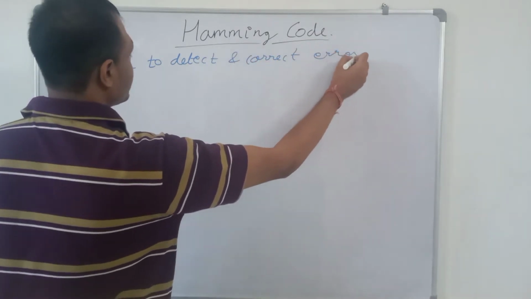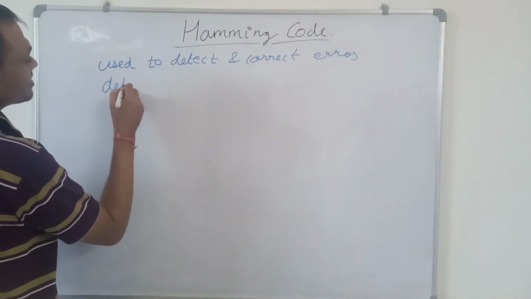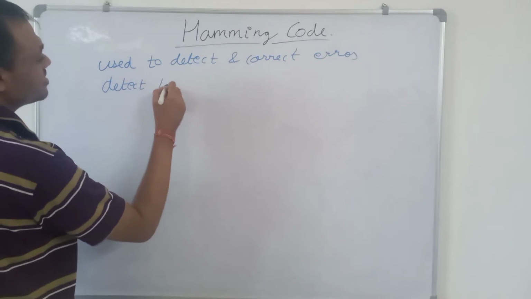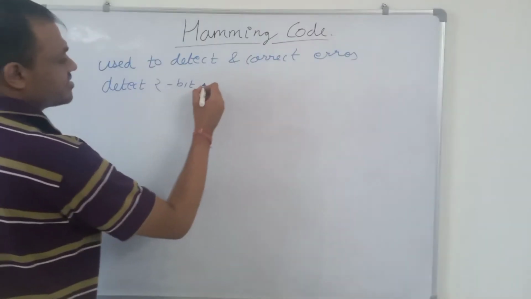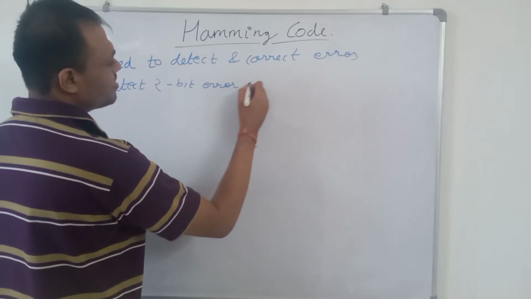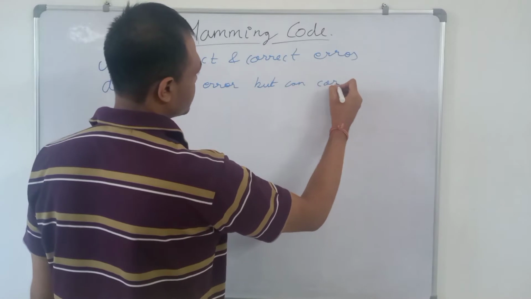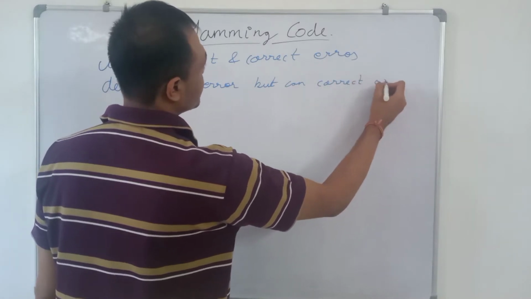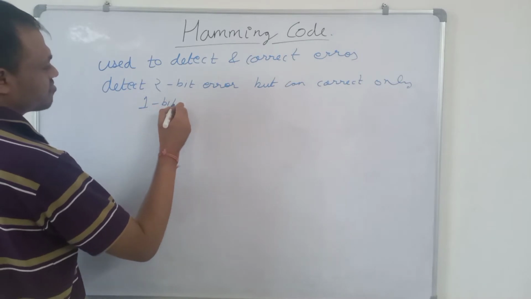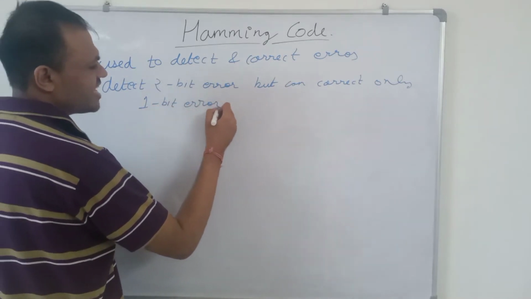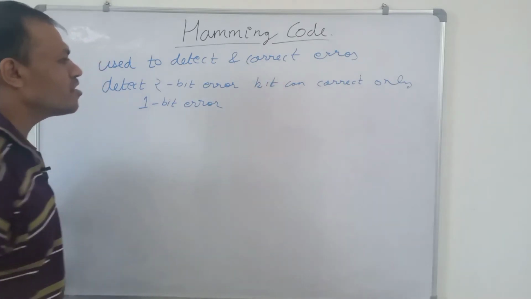Hamming codes can detect 1 bit error and can detect 2 bit error, but it can correct only 1 bit error. So it can detect that there is error in 2 bits, but it can correct only the error in one of the bits.